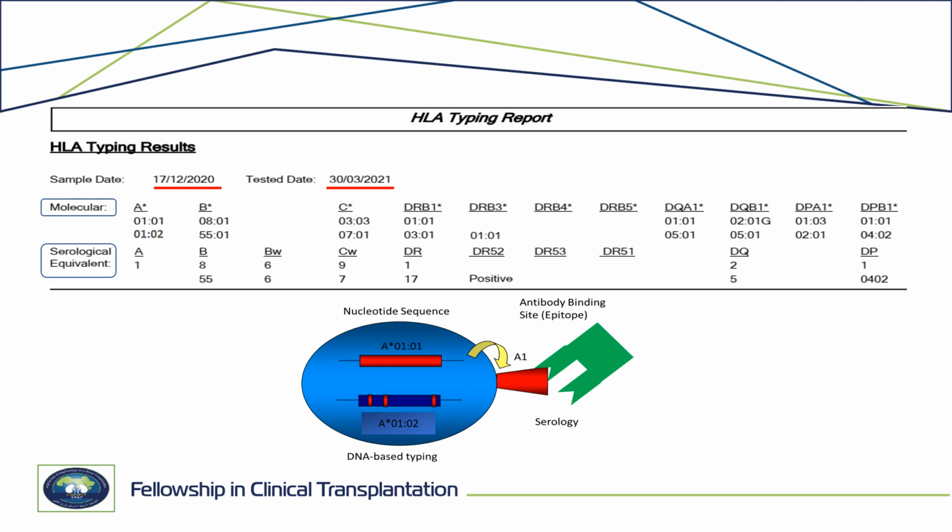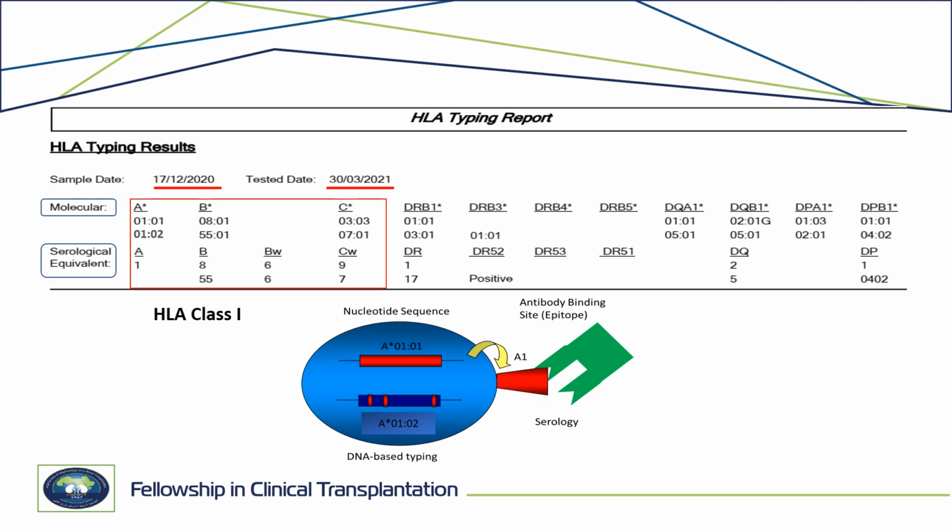When the physician requests a donor-specific antibody, they want to see which antibodies are present against the antigen. They are looking more at the antigen level, not at the molecular level. So they want to know what possible antibody will be formed here. So if this is a donor typing, the patient will form an anti-A01 antibody.